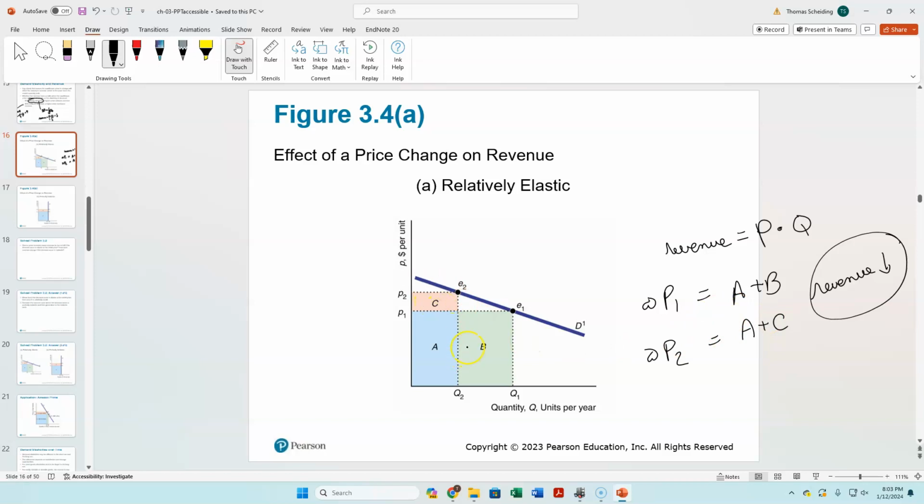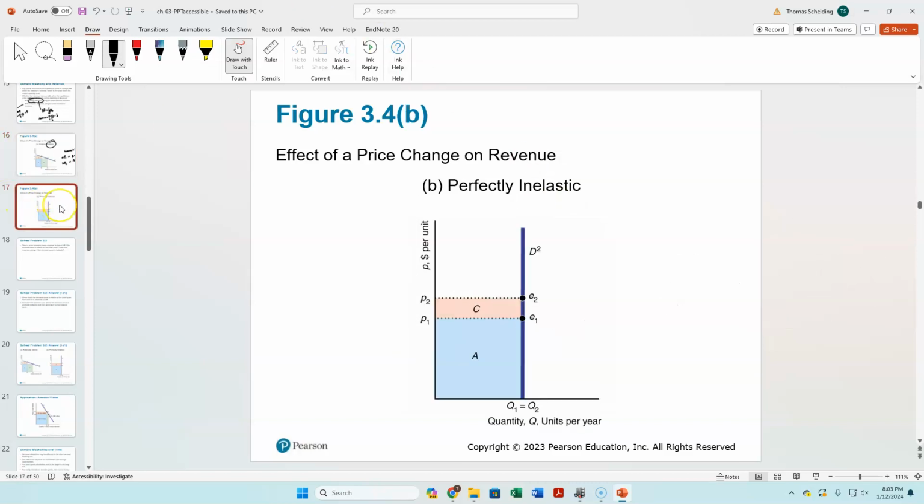C is a pretty small area compared to B. So this good, we could already tell, is pretty elastic. As opposed to inelastic, especially in this case, if it's perfectly inelastic, you can change the price and there's no change in the quantity.